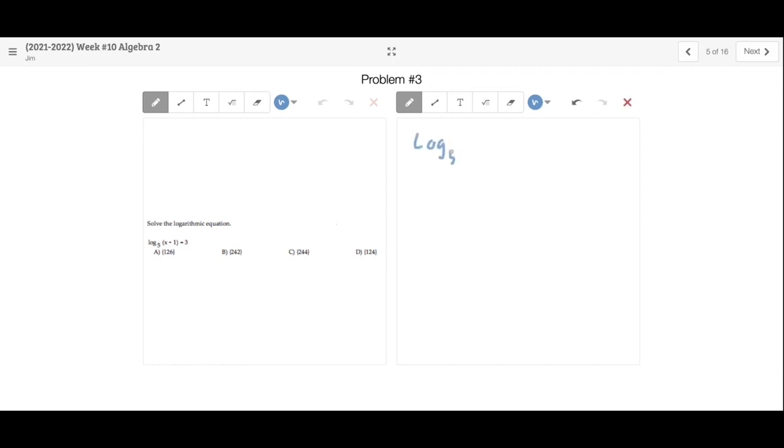So 5 to the third is equal to x minus 1. What is 5 to the third? Isn't that 125? Add 1. Boom, I get 126.